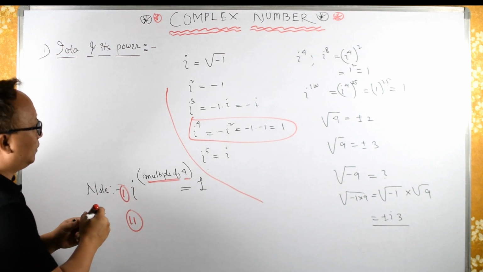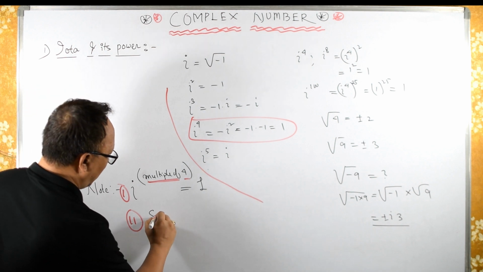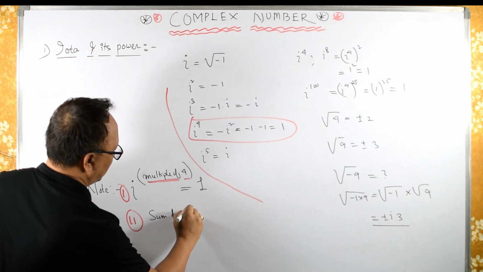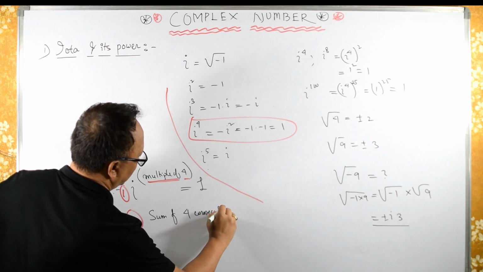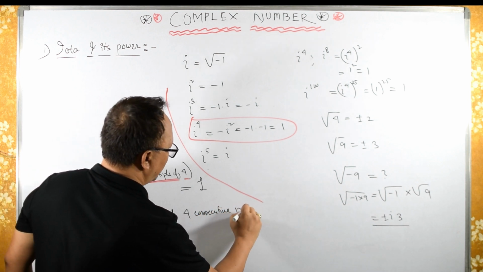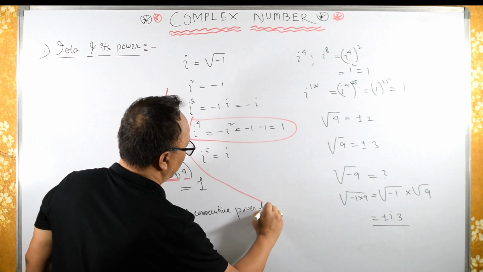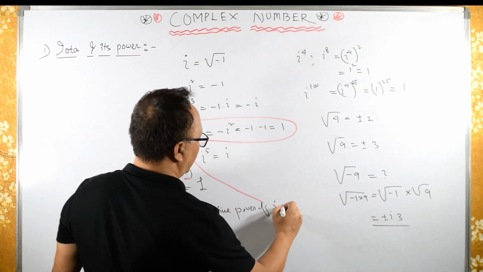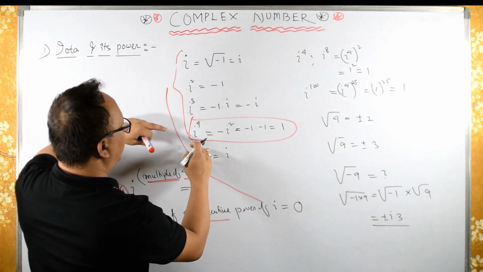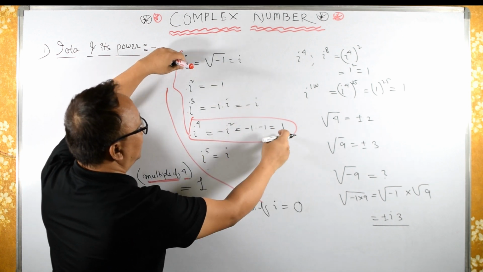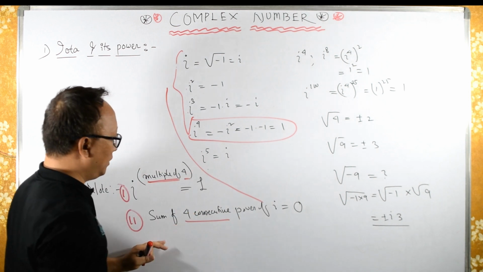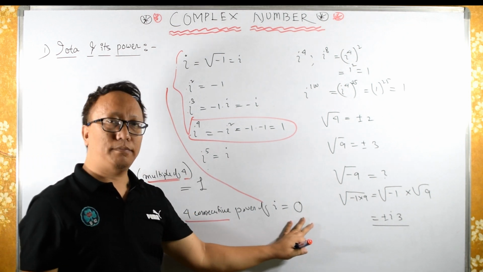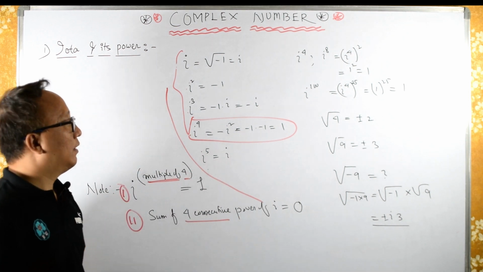And note number 2: the sum of 4 consecutive powers of i is equal to 0. If I add these 4, minus 1 plus 1 gets cancelled, minus i plus i gets cancelled, therefore the sum of all four powers of i becomes 0.